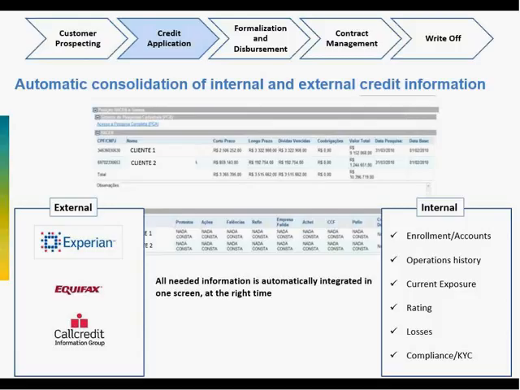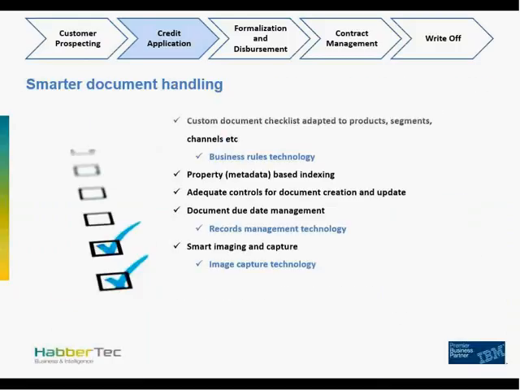So the idea is that we improve the quality of the decision and of the collaterals that are asked or needed to perform an operation with all this information typed together automatically.